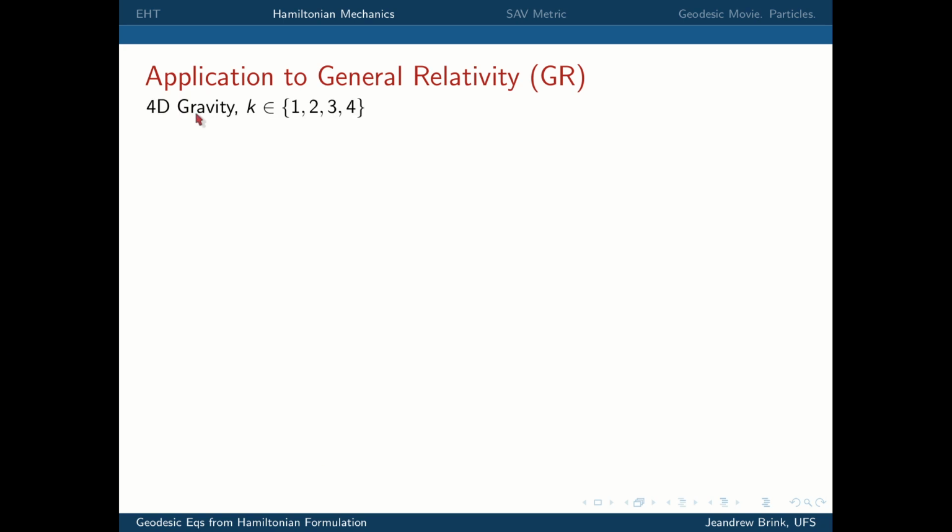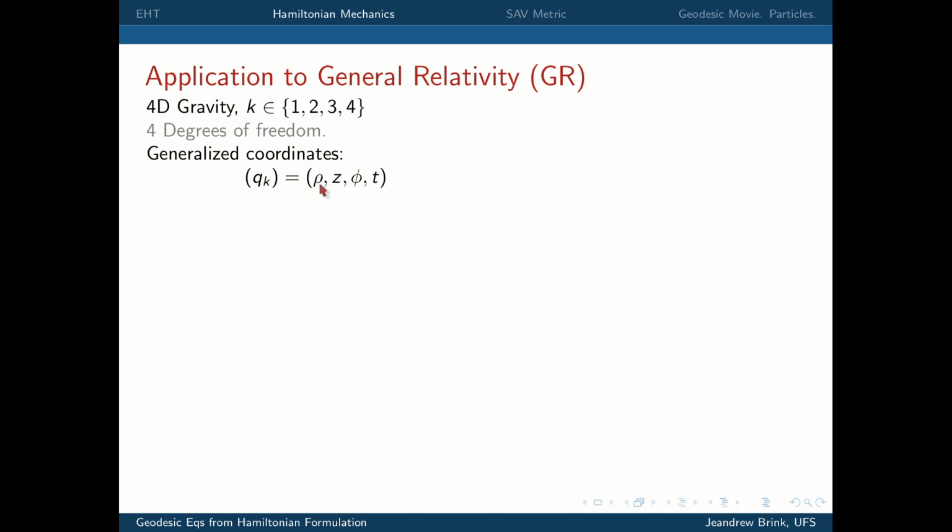So in four-dimensional gravity, we're going to have at least four generalized coordinates and momenta. So k is going to equal 1, 2, 3, 4. And we call this 4 degrees of freedom of our Hamiltonian system. We're going to call the generalized coordinates rho, z, phi, and t.